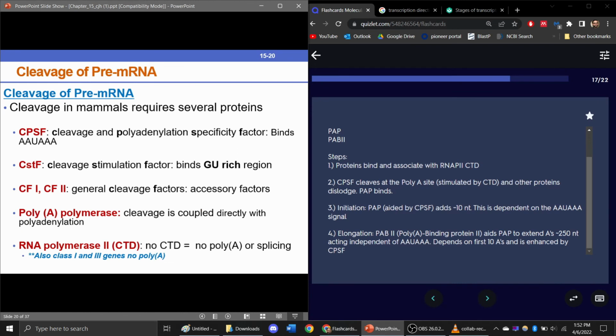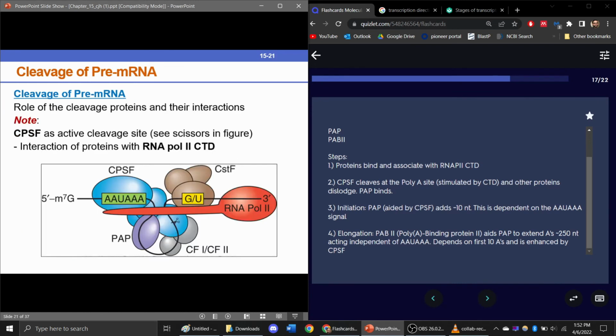In this diagram, because I was looking at the PowerPoint earlier today, all I was saying is that there are no factors, and then immediately after that, all of them are just there. I don't think that in the real world, factors bind one after the other.